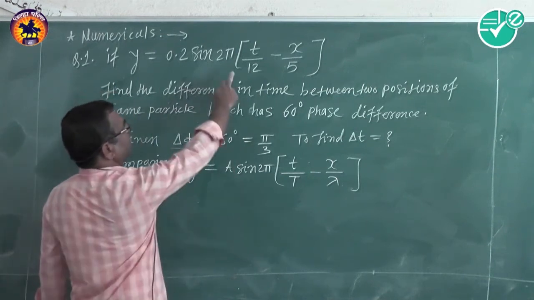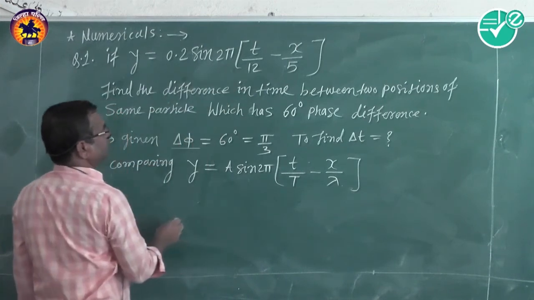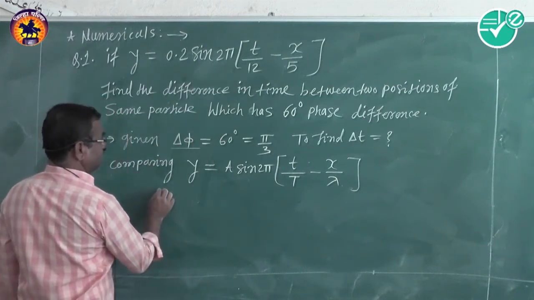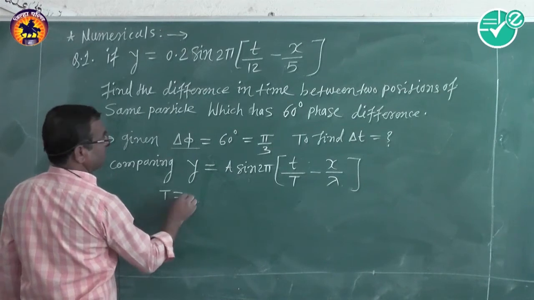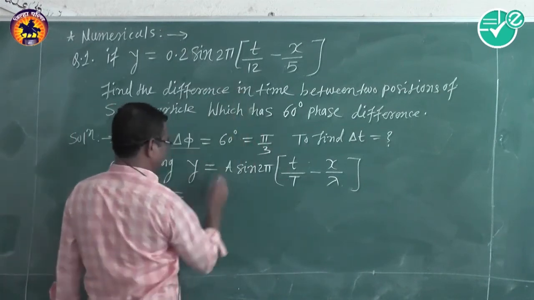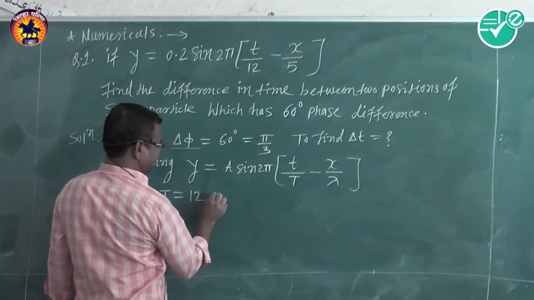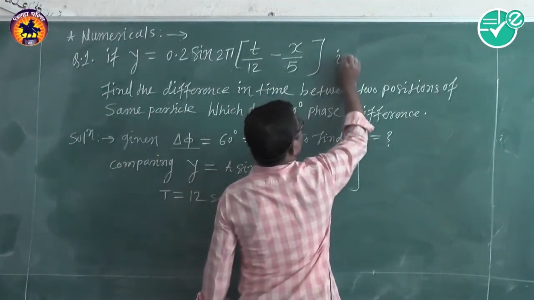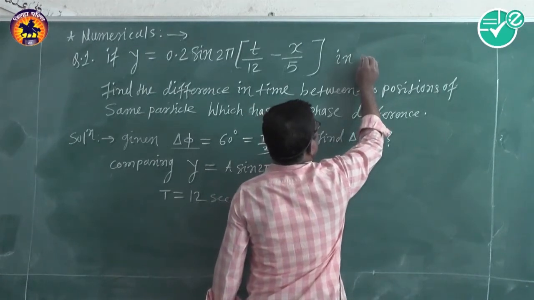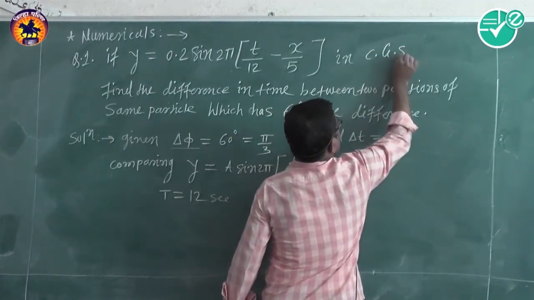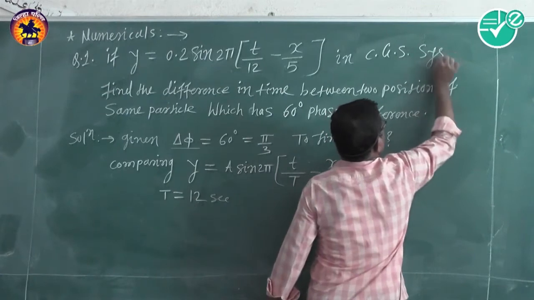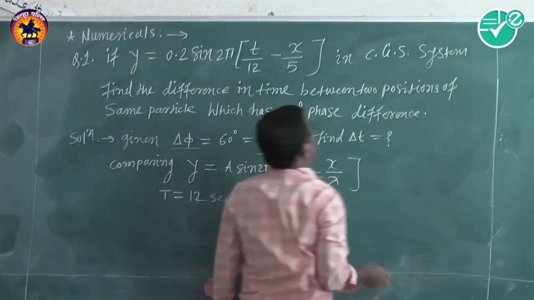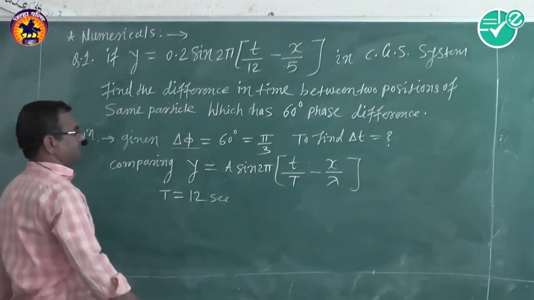Comparing this equation to this equation, capital T is equal to 12 second. All quantities are in the CGS system.